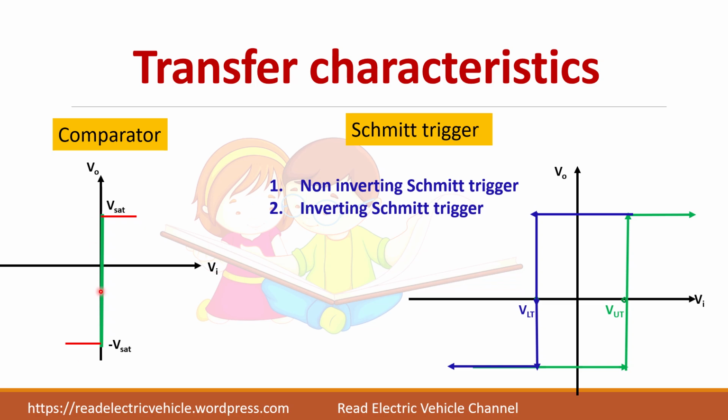Here we have only one reference value, so the transfer characteristics is like this. Now you just imagine, you have two lines here, so it will be something like this. This characteristic depends upon what type of Schmitt trigger we are using, whether it is a non-inverting type or inverting type. So we will see one by one.